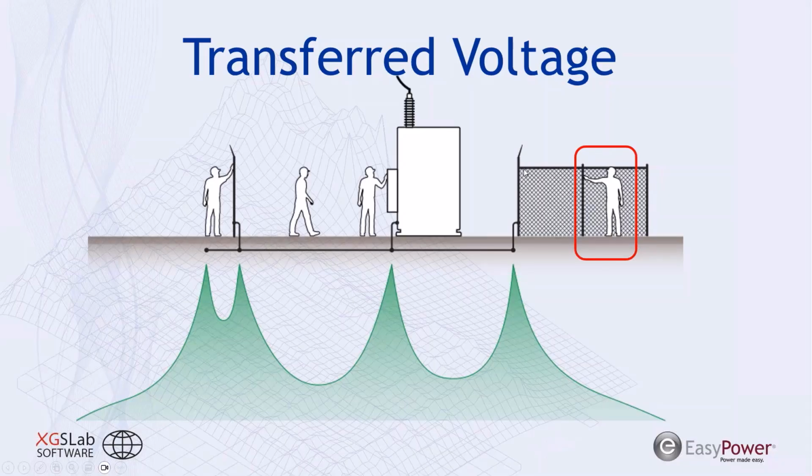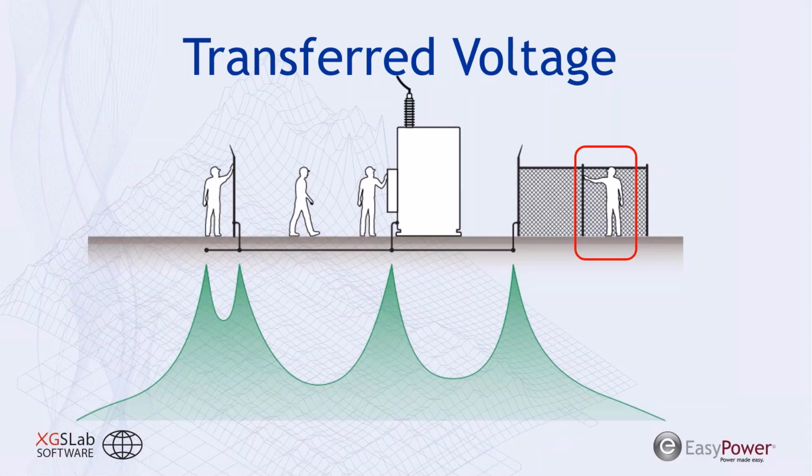If this is directly metallically connected to the substation fence, that's likely to have an equivalent voltage to the GPR or similar to that voltage. And so this individual in contact with that, their hand will be at a significantly higher voltage than what their feet will be at. So this is really the area of concern that we're looking at in this webinar when we talk about transfer voltages.